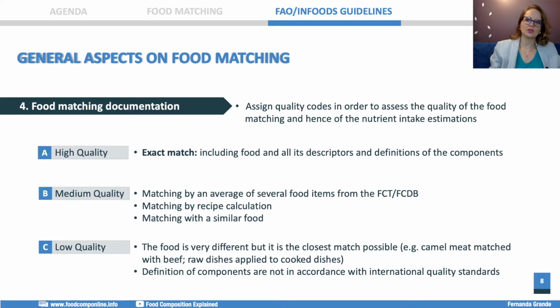And depending on the circumstances, it can also be necessary to create subclasses for these quality codes to be more specific to the type of matching. So this is a good approach to assess in an easy way the quality of the food matching performed.